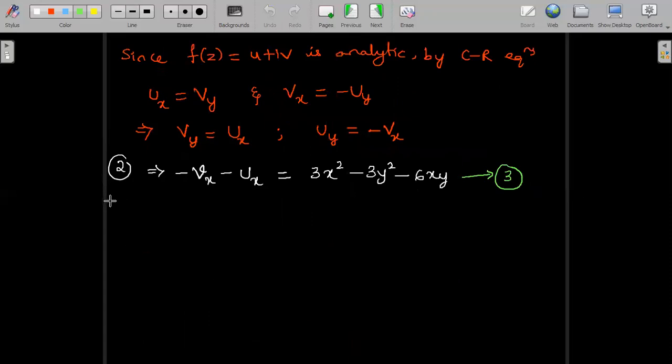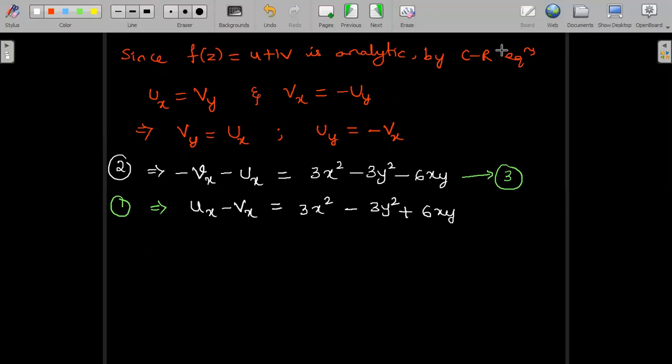Okay, so I'll just rewrite equation 1 once again. Equation 1 is given by ux minus vx is equal to 3x square minus 3y square plus 6xy.